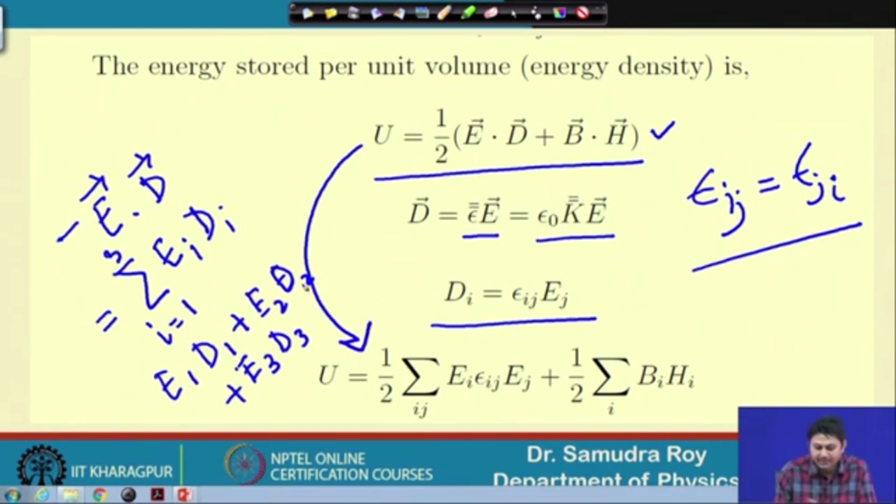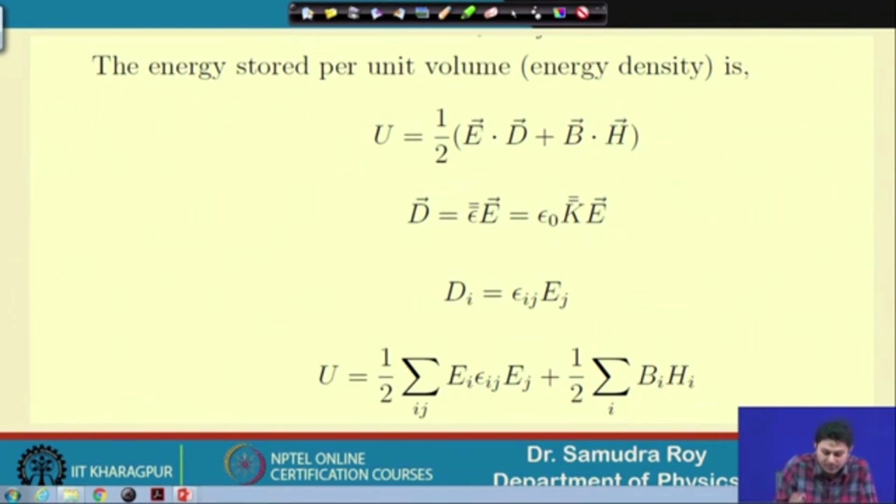Now I also use the relationship between D and E, so in place of di I write epsilon ij Ej.